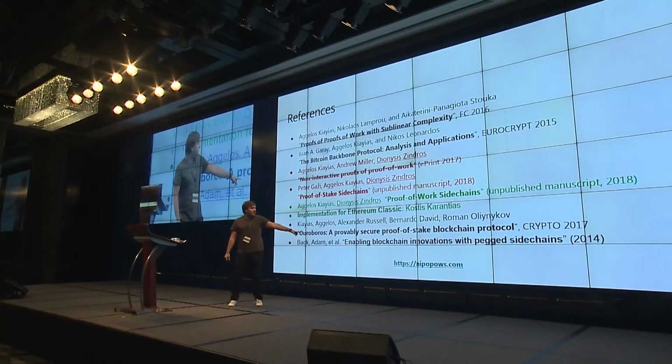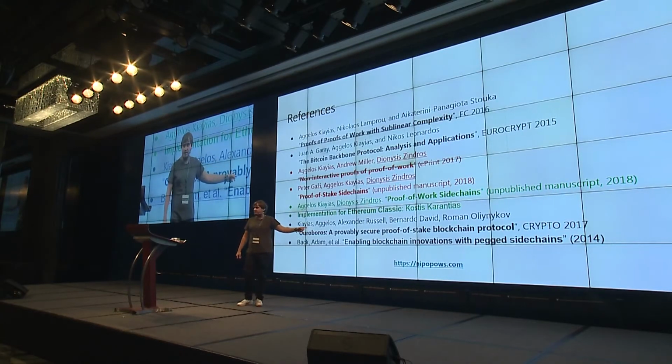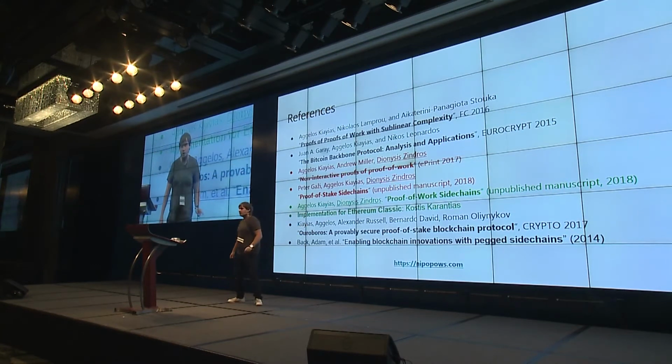This describes the underlying cryptographic primitive, which you can read to see how the construction exactly works. There's also this website here, nipopows.com, for non-interactive proofs of proof of work. Here we put up all the papers that are related to this kind of construction, so you can check back here, and it has some nice descriptions as well for how this works.